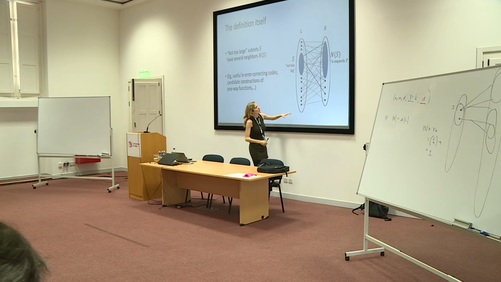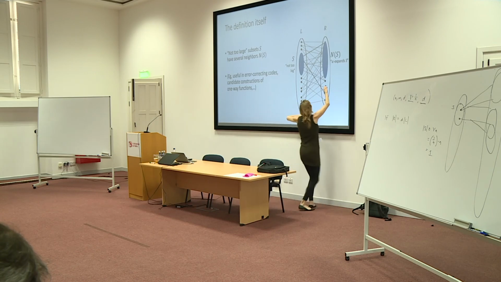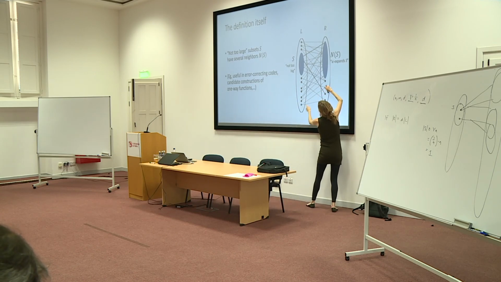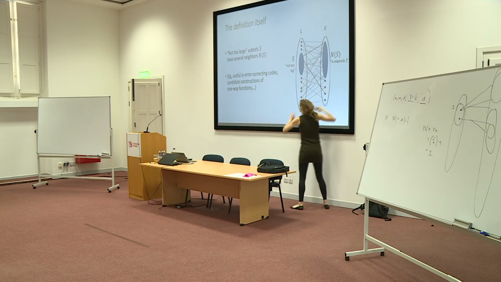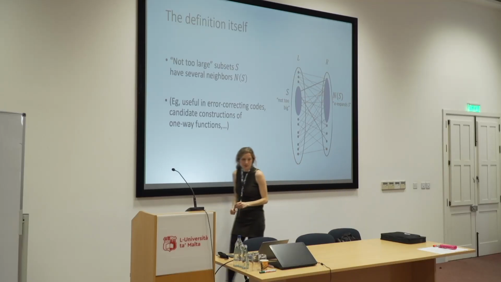So I'm going to take codewords on the left-hand side such that for every right-hand side vertex, the parity of this plus this is equal to 0. And also the parity of this plus this and this and so forth is equal to 0.